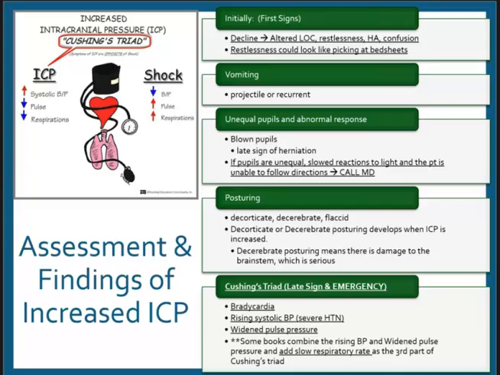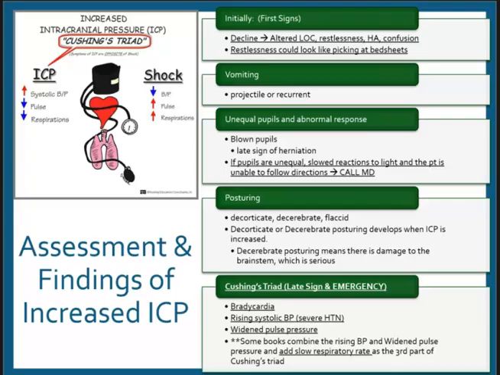So our assessment findings for increased ICP. We need to be looking for our Cushing's triad. So your systolic blood pressure goes up, your pulse goes down, your respirations go down. Now let's talk about initial findings.